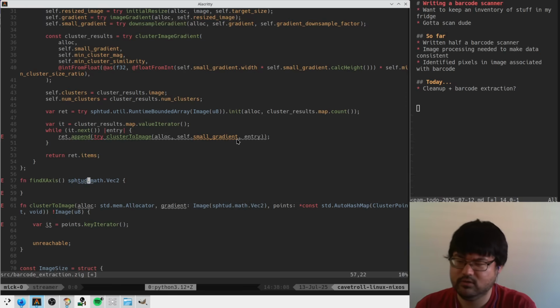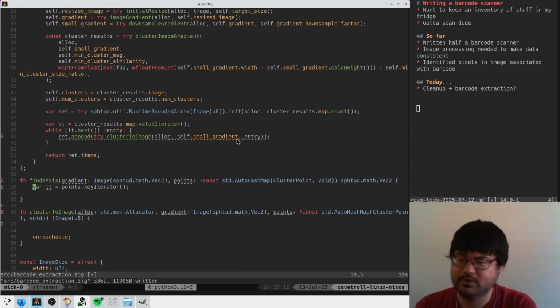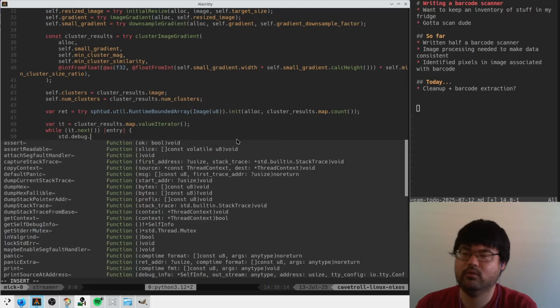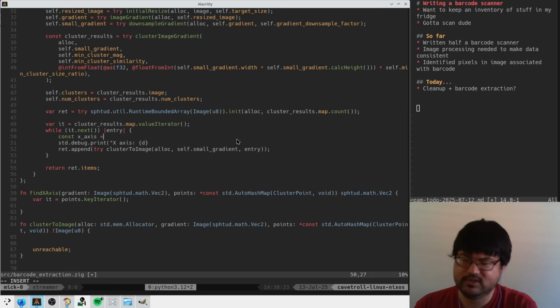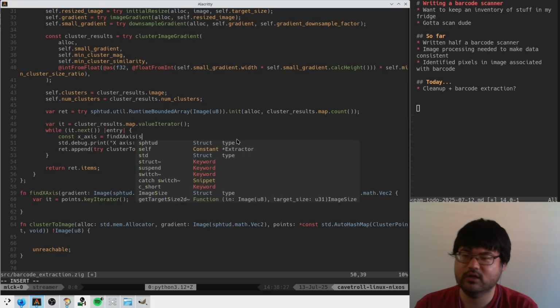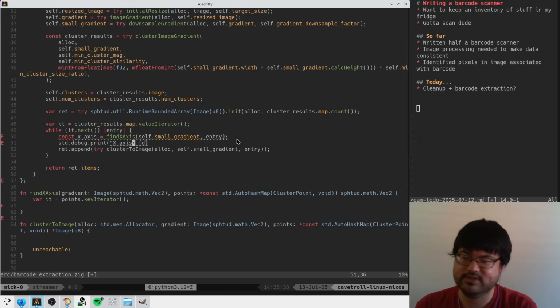Maybe we do this first: find x-axis given the gradient and the points. And then we print this thing.